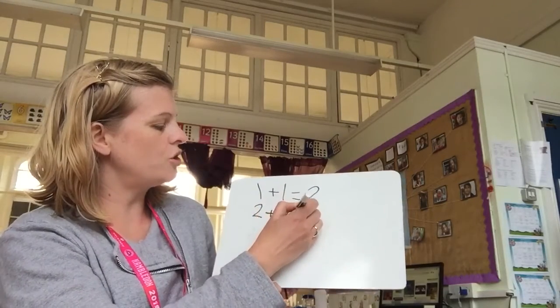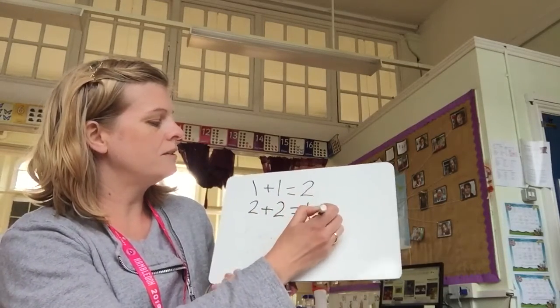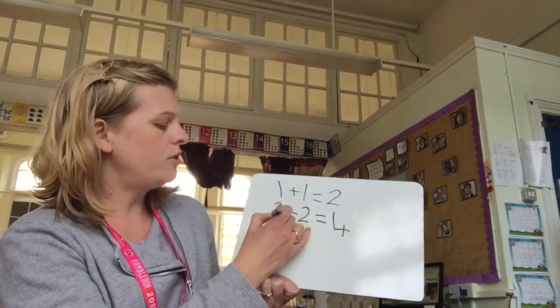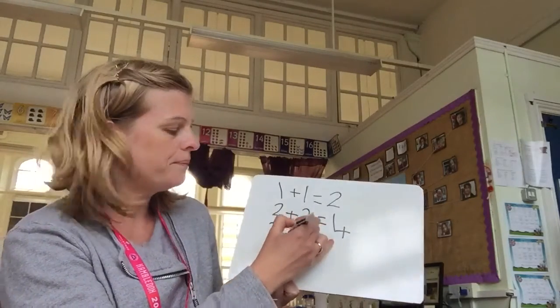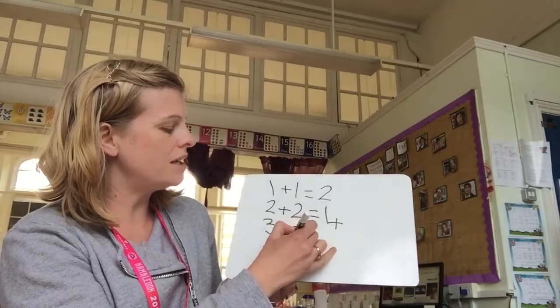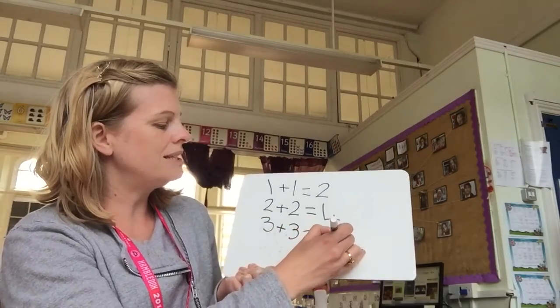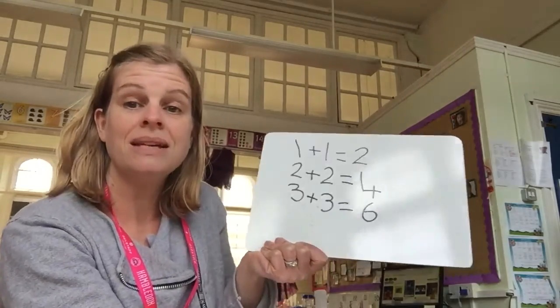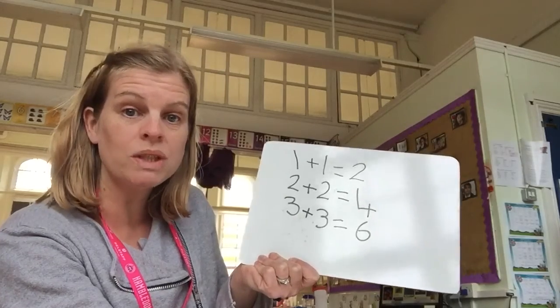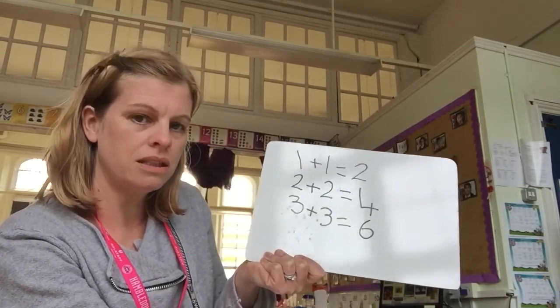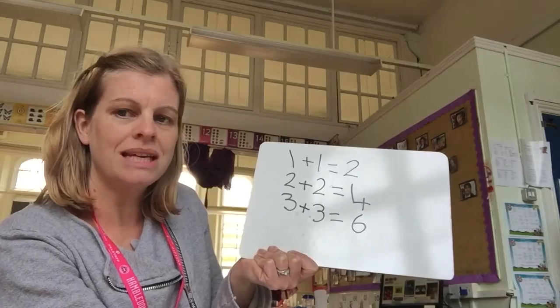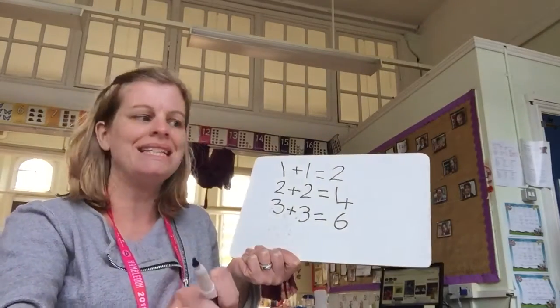So I added another 2 and that made 4. Then I put 3 in front of the mirror. I doubled it. So I added another 3 and that made 6. I wonder if you can do me some number sentences on your board for the doubles that you find. So that's what I'd like reception children to have a go at doing today.